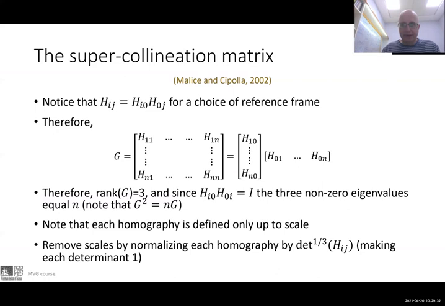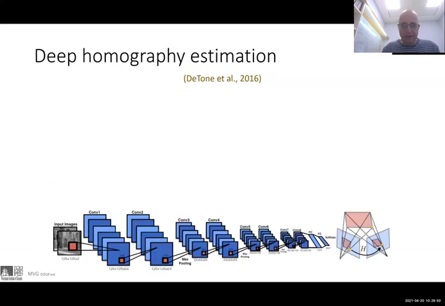So after we do that, if they were consistent, they would satisfy the constraint that the rank is 3, they are inverses of each other, and the eigenvalues are n. So that's the end of this part.